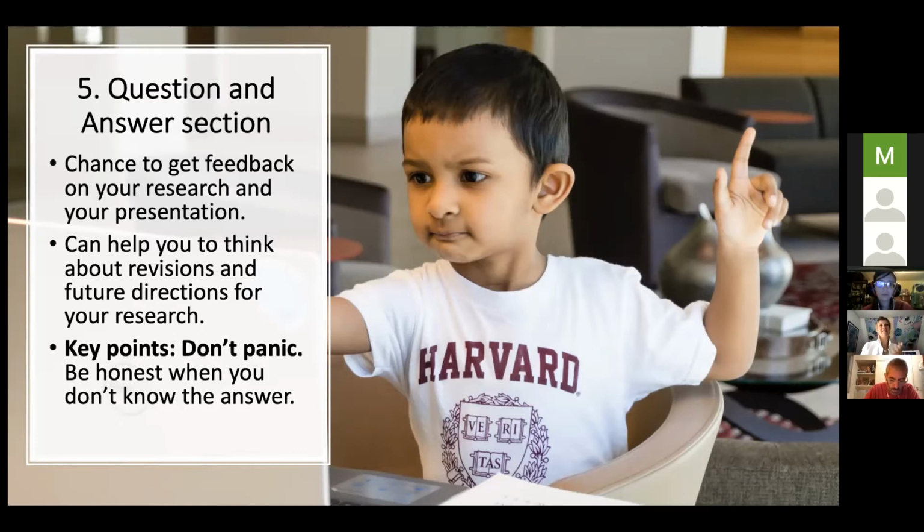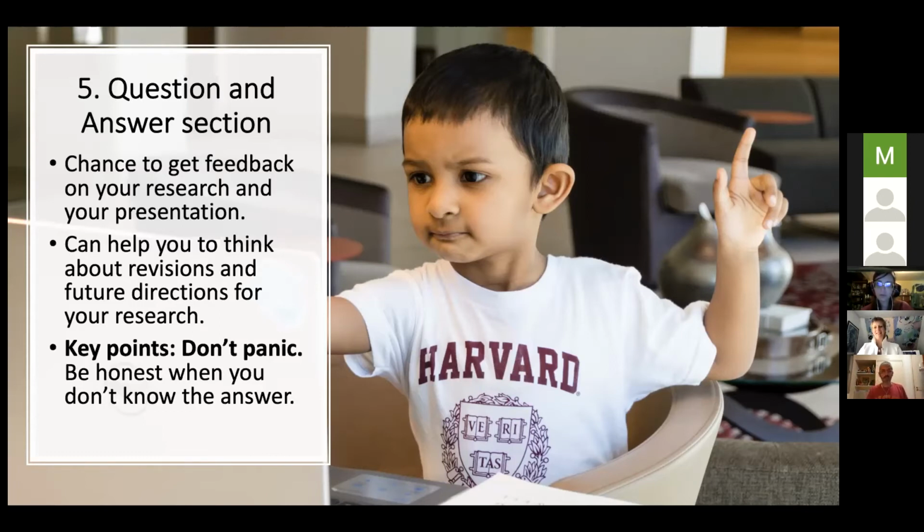It's not a chance for someone to question all of your research. It's really a chance for you to learn more about how they understood what you were talking about. And one point is, when you're in the question and answer section, you're going to just be as honest as you can. If you have not covered whatever they're asking you about in your research, then simply say that.